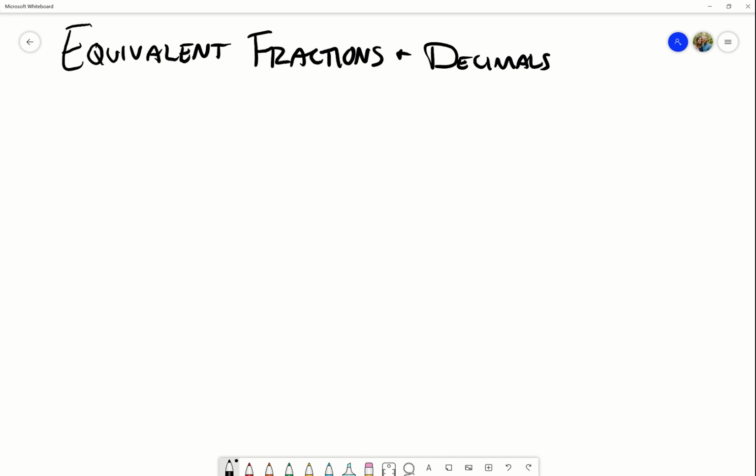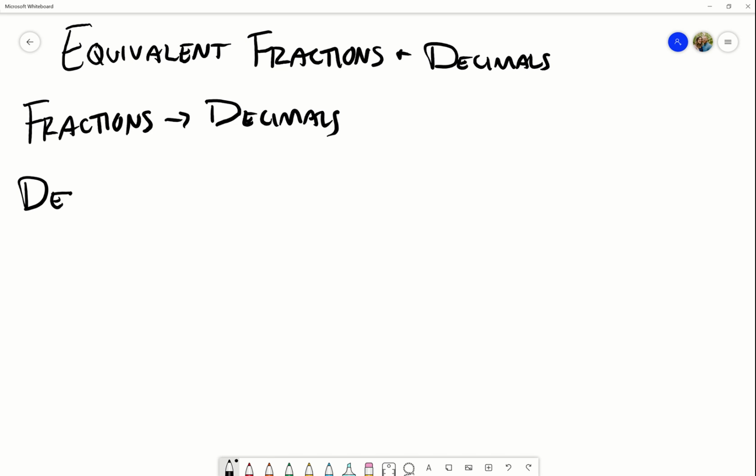All right, so today we have two things we want to talk about, and that is going from fractions to decimals and decimals to fractions.